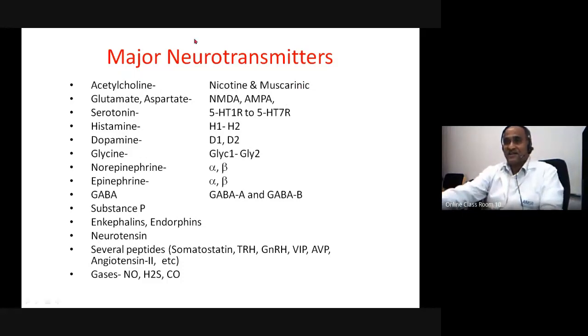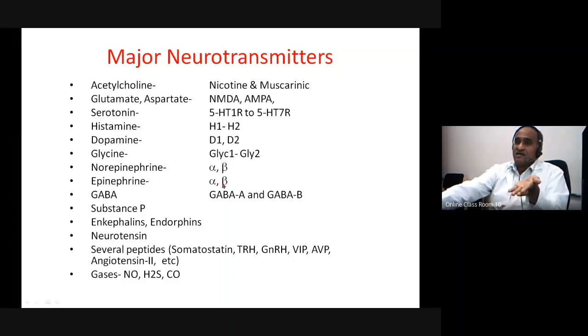That is the other receptors I was talking about. Histamine has 2, H1 and H2. Dopamine has 2, though in recent books there may be D2, D3 and so on. I'm mentioning the mostly available ones. Glycine has type 1, type 2, glycine A and glycine B receptor. Norepinephrine mostly acts on alpha receptors; at very high concentration it may also activate the beta adrenoceptors.